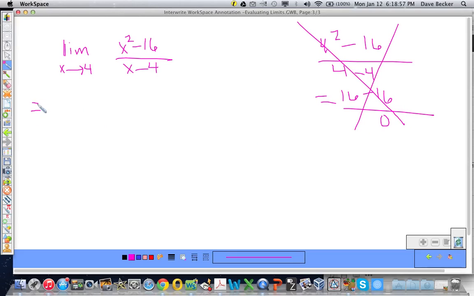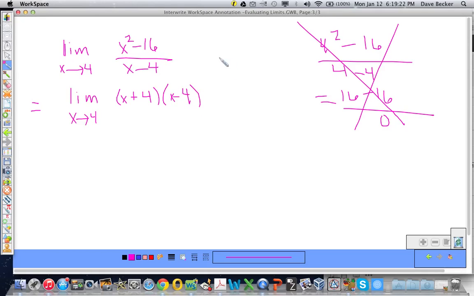So we can do direct substitution. So I'm going to say that equals the limit as x approaches 4 of x squared minus 16. That factors into x plus 4 times x minus 4. It's the difference of two perfect squares.